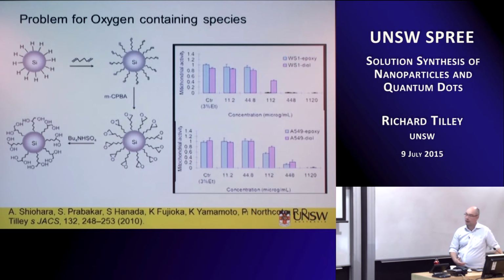What we found was what you would expect: if you have a highly reactive epoxide group on the surface of your dots, that's a highly reactive group, and the dots did have some toxicity. But if you have a benign group, such as an alcohol group, on the surface of your dots, then you have a low toxicity.